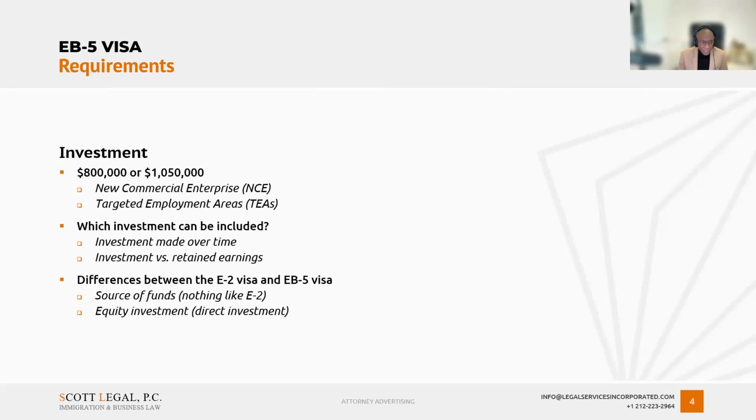This isn't a general exercise where we can narrow in on different aspects. They're extremely exacting with respect to the documents and the requirements, and you could invest $799,000 and your petition could be denied just based on the $1.